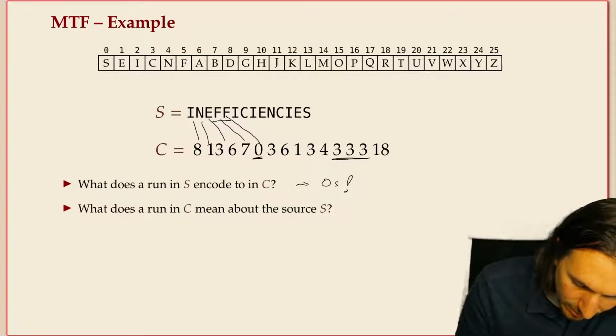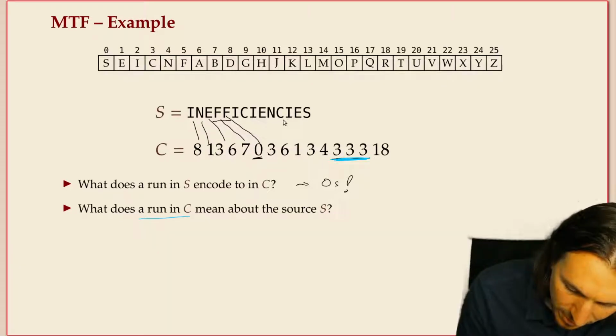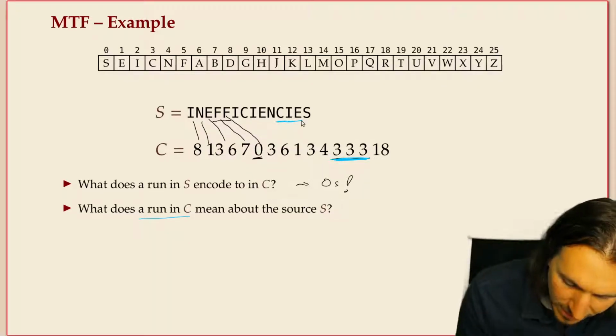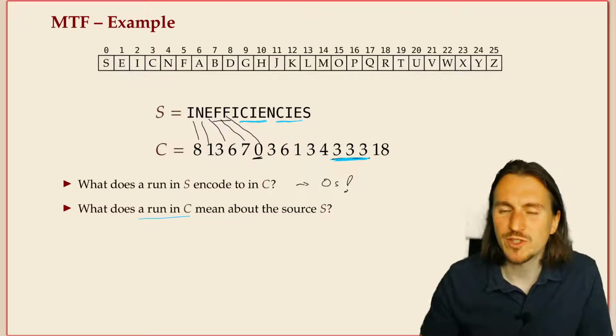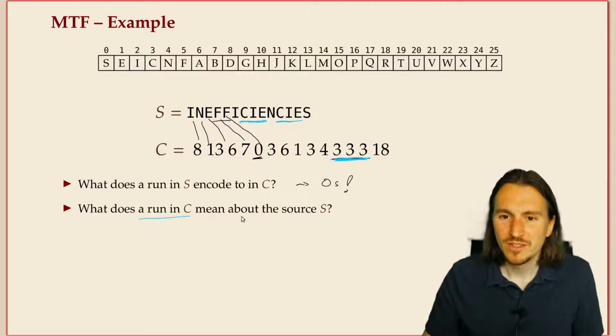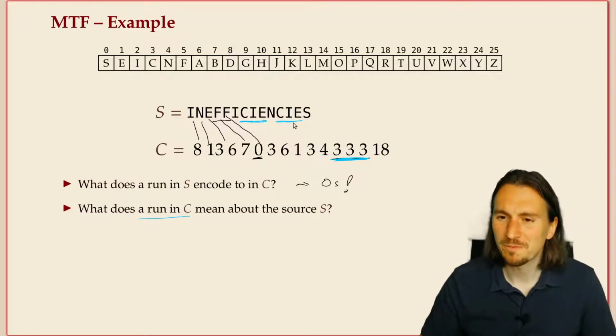A run in the coded text maps to these 3 characters, and you find 3 positions back, the same substring occurs. So runs in the coded text mean there was a repetition in the source text.